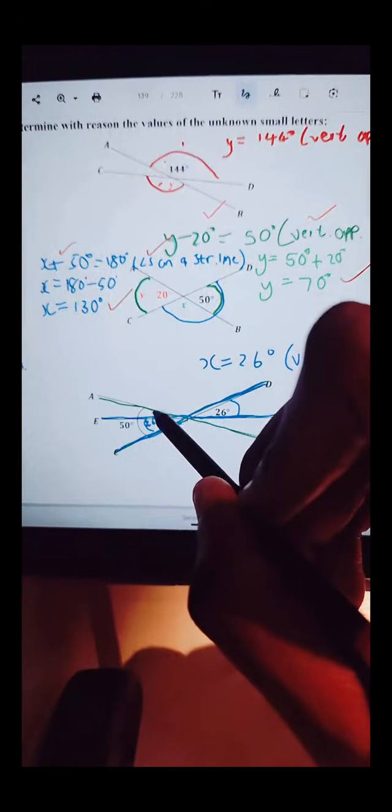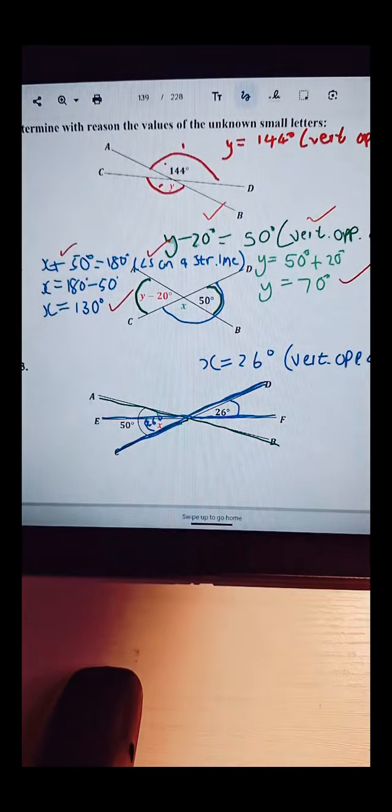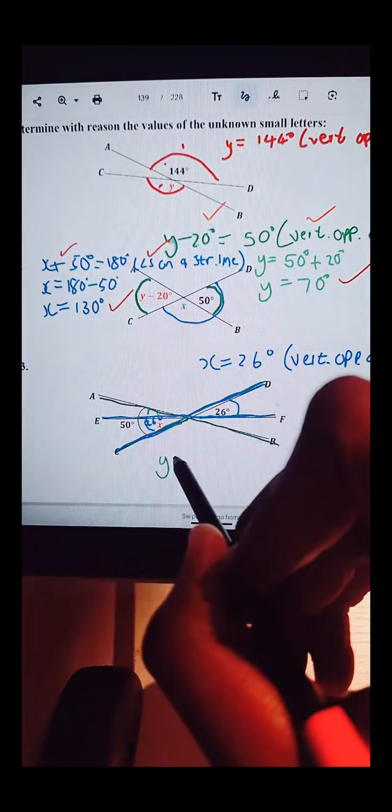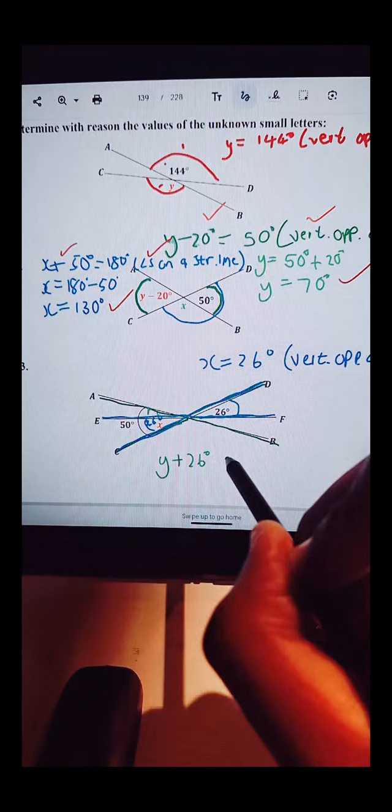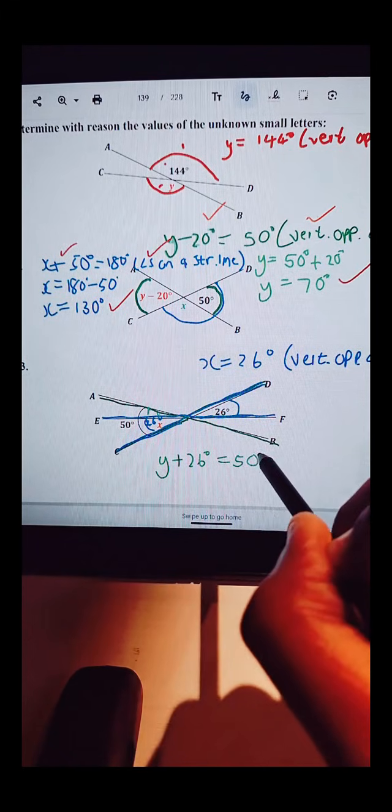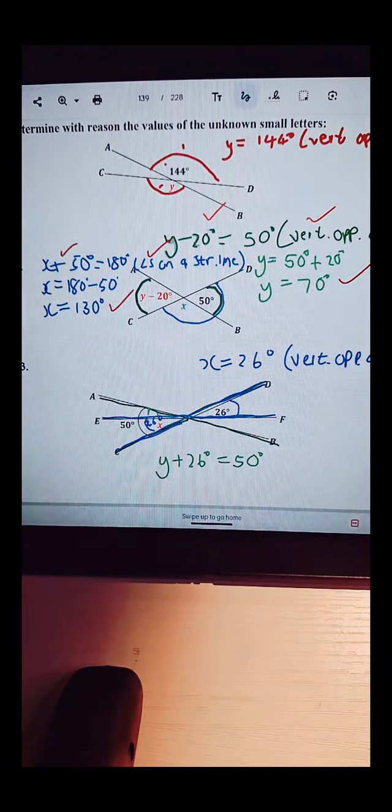Now, y, which is here, which is this angle, plus this 26 gives you 50. So you can say y plus 26 degrees is equal to 50. That does not need a reason. There's no reason needed there.